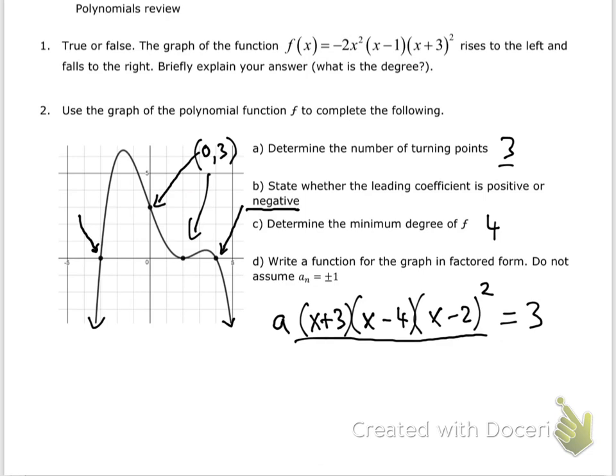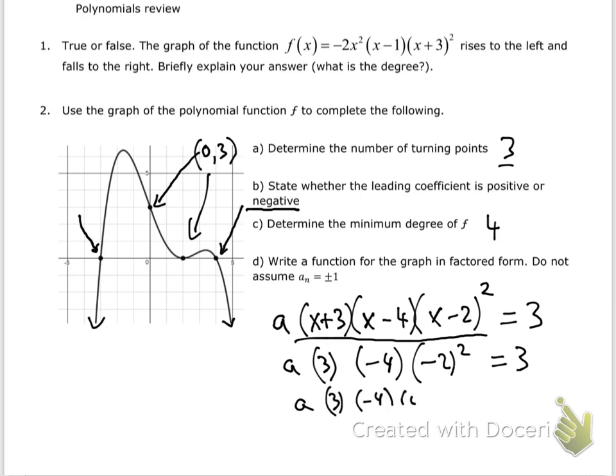So let's try this. Let's put x equal to 0. So we will have positive 3, we'll have -4, and we'll have -2 squared. Does that equal 3?